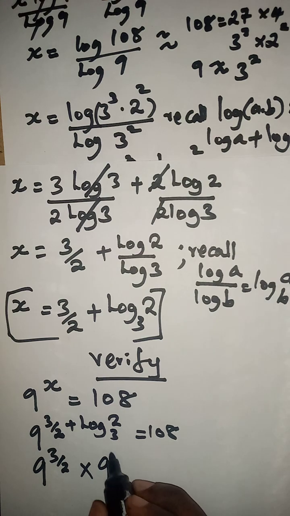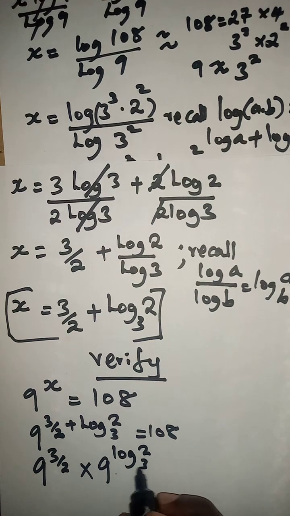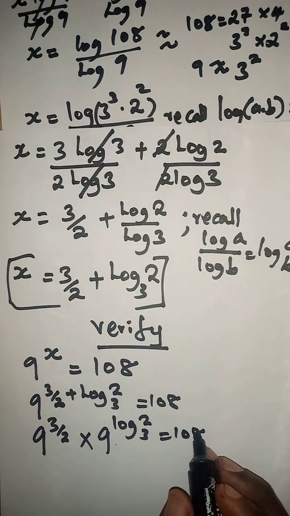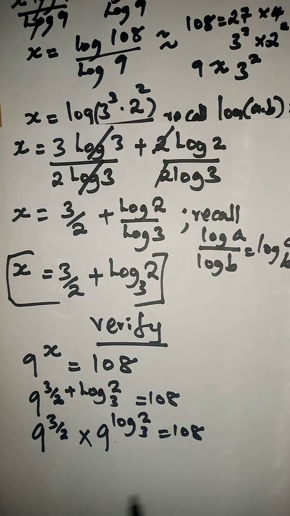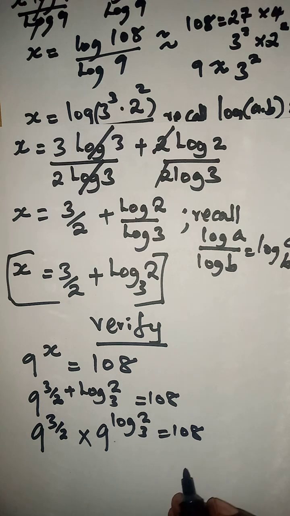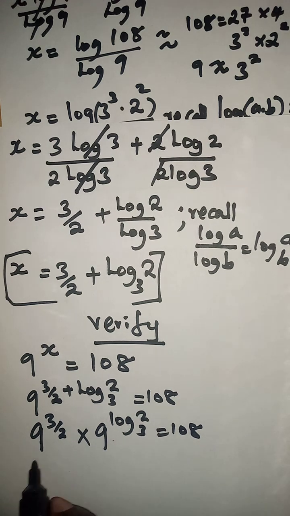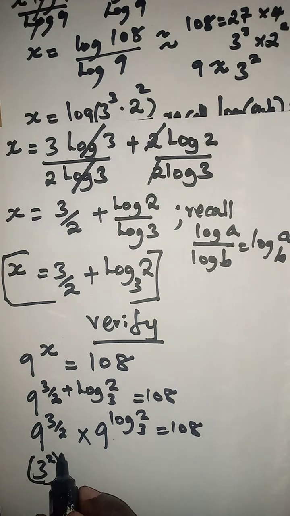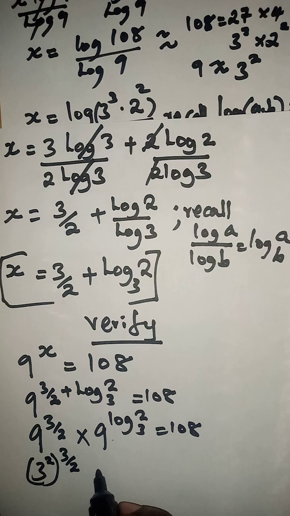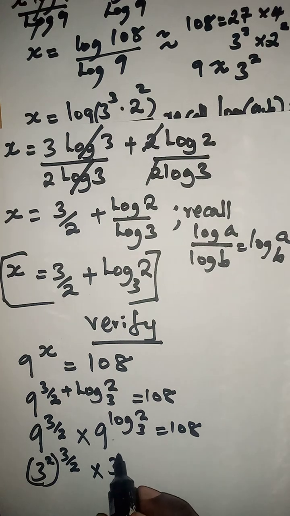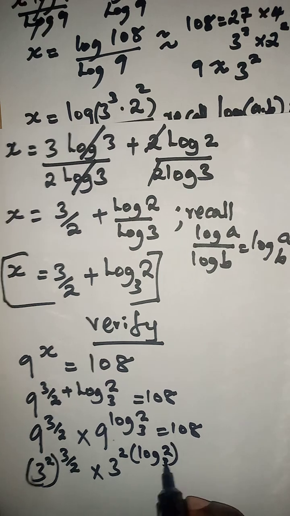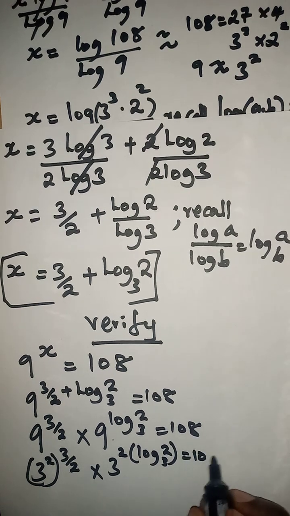So 9 to the log of 2 to the base of 3 should give me 108. So well, for me to further simplify it, I'm going to write 9 as 3 squared, so that I have 3 squared to the power 3 over 2 times 3 squared to the log of 2 to the base of 3 should be equal to 108.